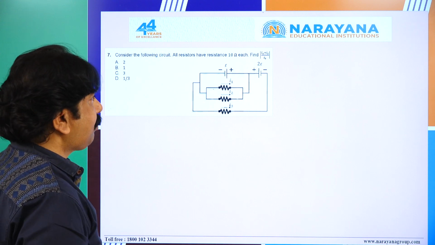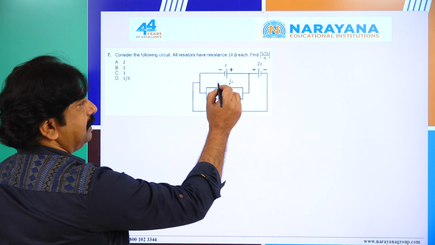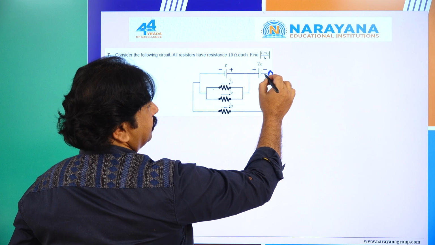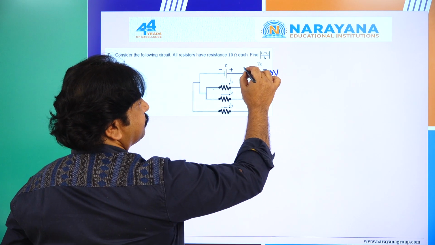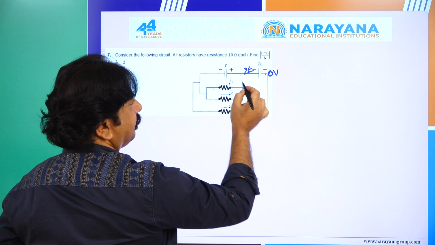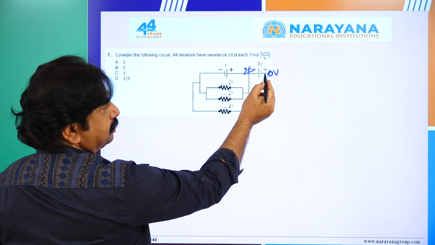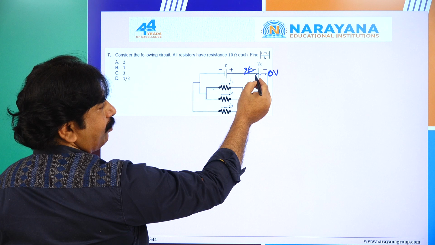As per the nodal method, we can calculate directly. Let us consider the potential at this end as 0 volts. Automatically the potential at this one is 2E only. Going from 0, the potential is increased by 2E.